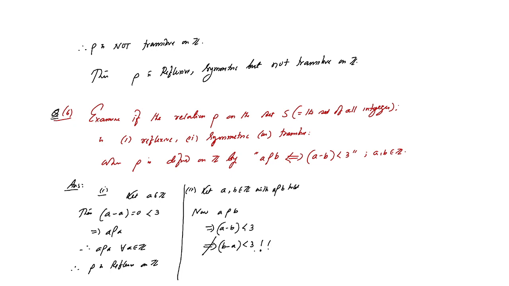Why does this not happen? Maybe take A equals 4 and B equals 2. So what will be your A minus B? 4 minus 2, this is 2, this is less than 3. But what about B minus A? 2 minus 4 is minus 2, this is also less than 3.